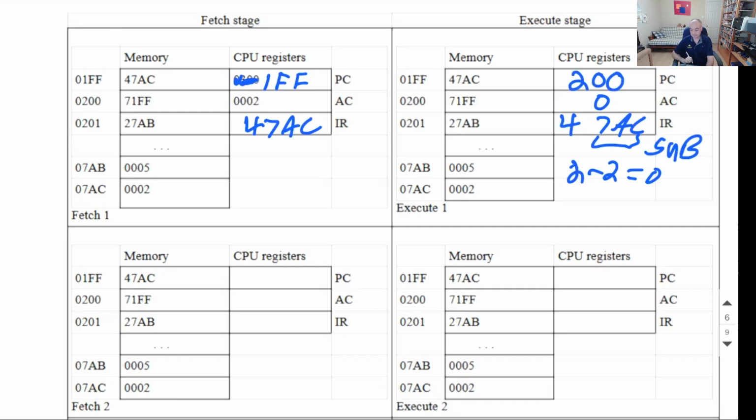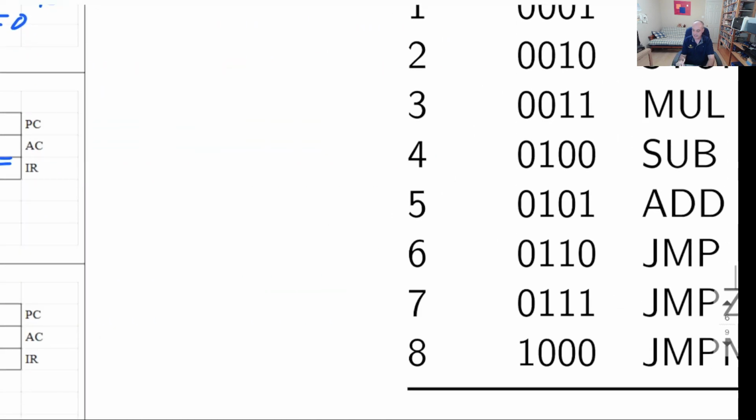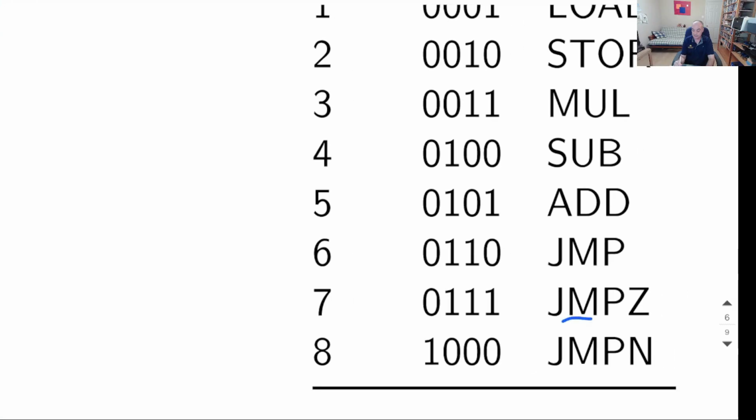All right. So for our next fetch, our program counter is currently 200 hex. So we'll end up with 71FF in the instruction register. So when we decode 71FF, the 7 gets decoded as a jump on 0 instruction.